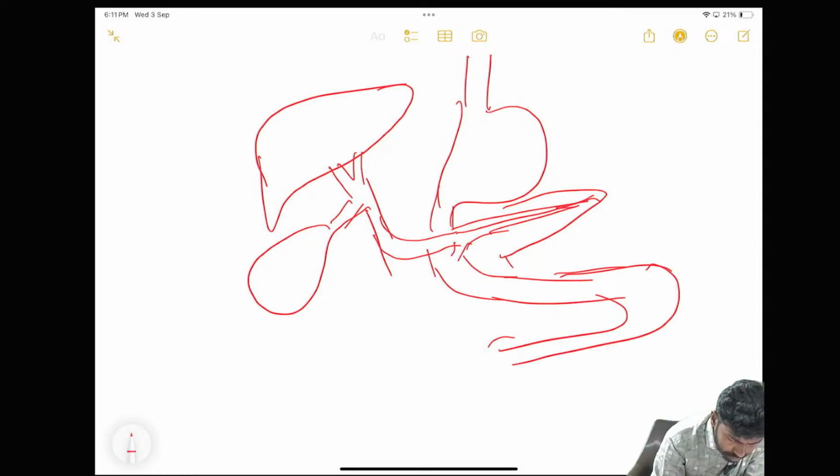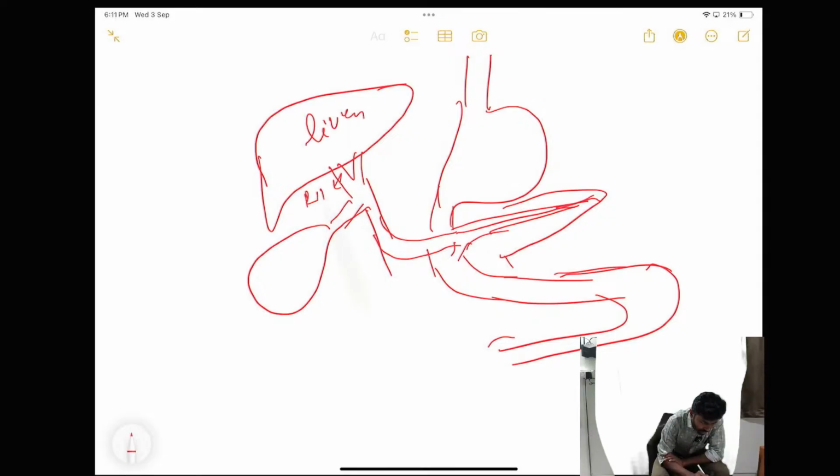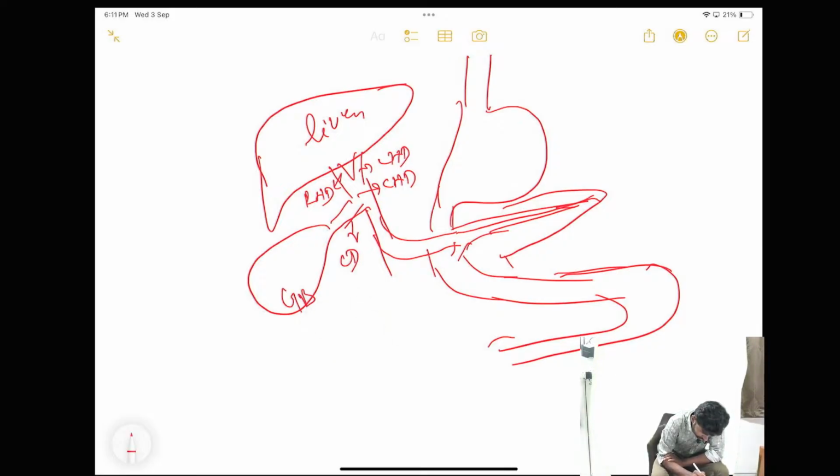This is the liver, this is the right hepatic duct, this is the left hepatic duct, this is the common hepatic duct, this is the cystic duct, this is the gallbladder, and this is the common bile duct. The common bile duct has parts like retroduodenal, supraduodenal and intraduodenal, and this is the main pancreatic duct.